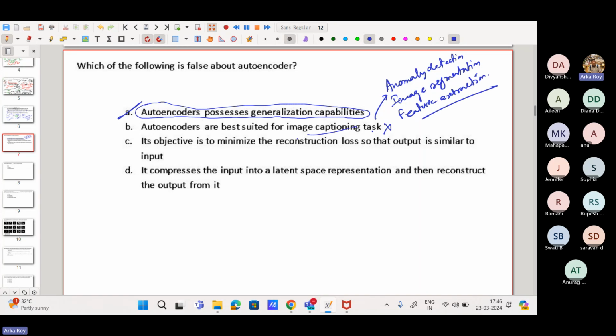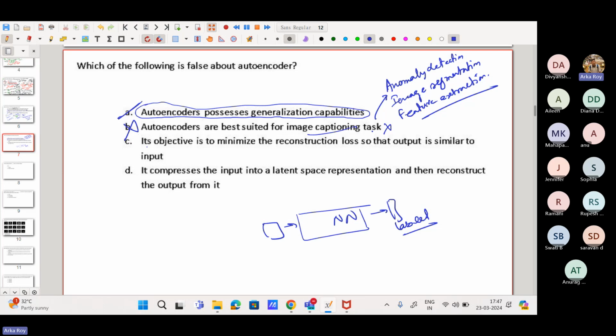In image captioning, you have a neural network, you feed an image, and at the output you need captions, that means words. So for that you need labeled data. However, as an autoencoder is unsupervised learning, it does not require any labels. Therefore option B is false, since you don't need an autoencoder for the image captioning task.